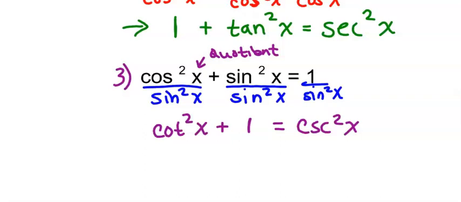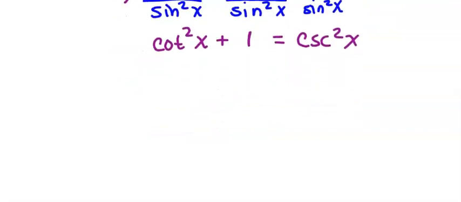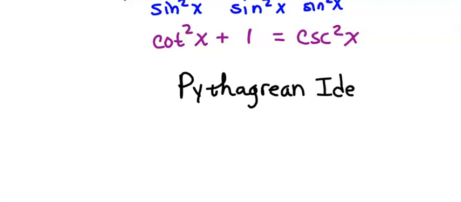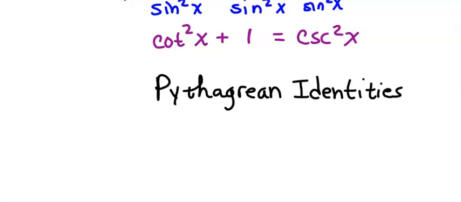So for our Pythagorean identities, we have those 3. I'm going to rewrite them one more time down here at the bottom. Make sure you capitalize the P for Pythagoras. You have to give him respect because he's done a whole lot of work for the math we have now.